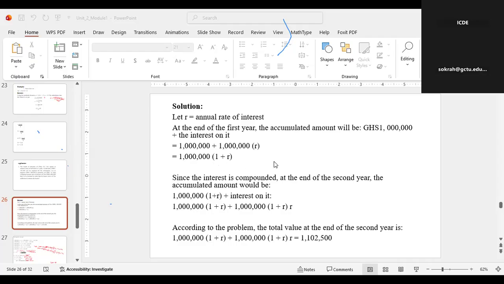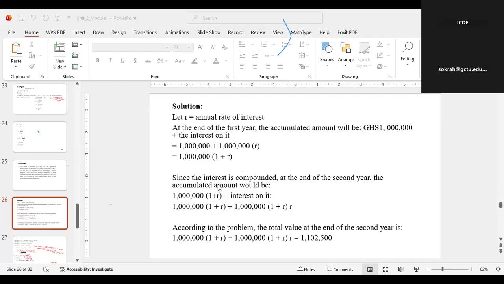So we have finished for the first year. Now we'll move on to the second year. We are going to do the same thing, but don't forget, if you remember how to solve compound interest, the capital plus the interest for the first year now becomes your principal for the second year.